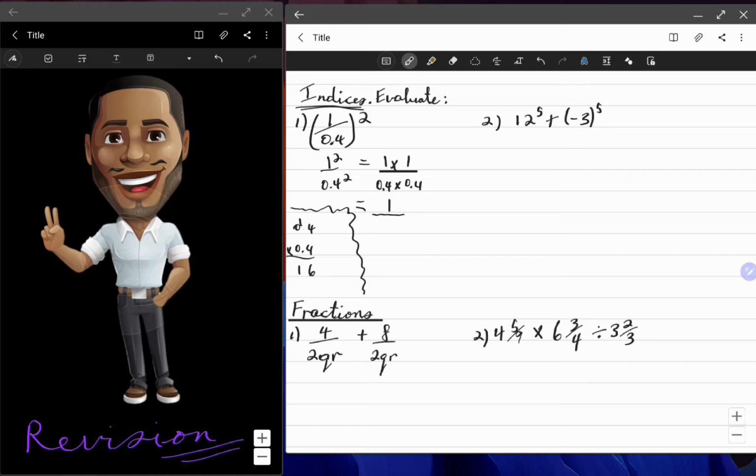Since the first decimal has 1 decimal place, and the second decimal that we're multiplying has 1 decimal place also, we have a total of 2 decimal places.